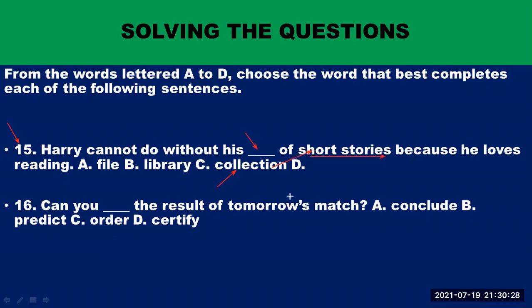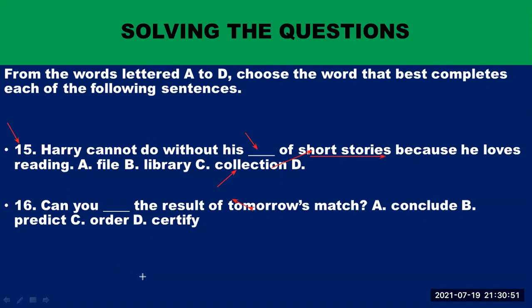This word collection is the appropriate word because it collocates with short stories. It is usually used together with short stories. That's what we mean by collocation: a group of two or three or more words that usually go together.